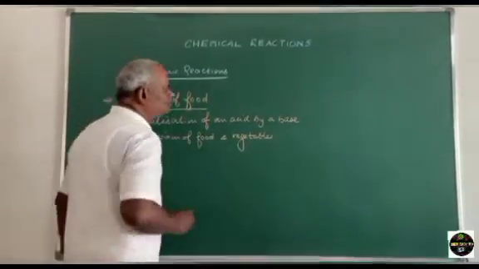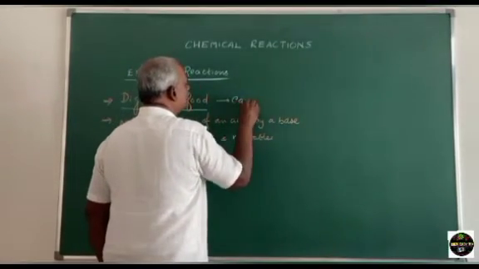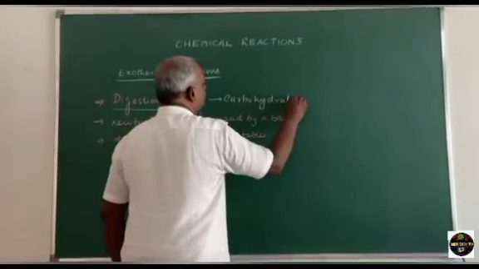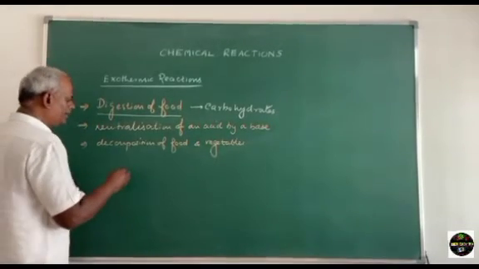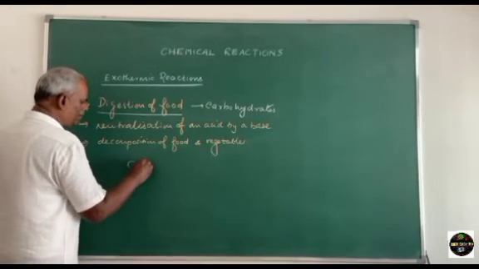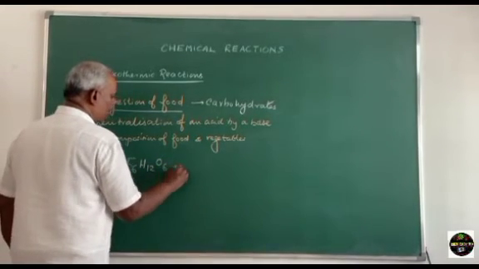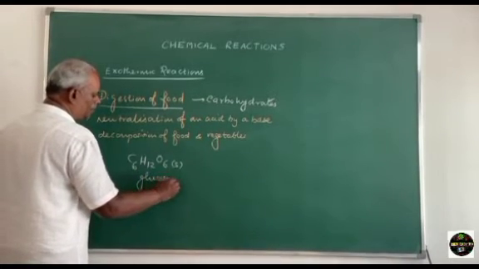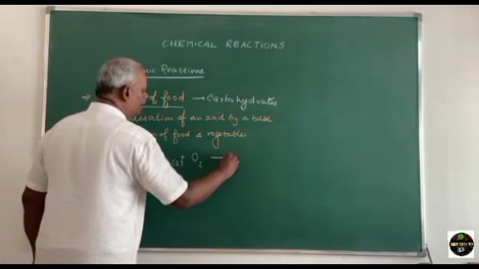Digestion of food. Our food substances contain carbohydrates, the energy giving substances. This is a carbohydrate, an example of a carbohydrate: C6H12O6, the glucose, which is stored in our body with the help of food during its digestion.